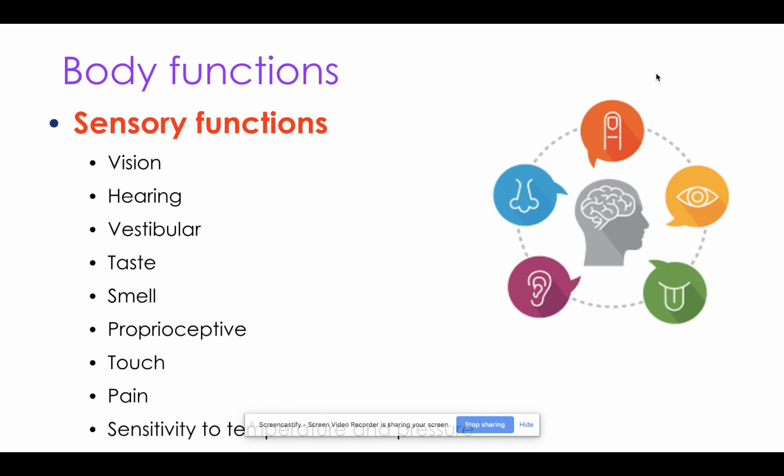And as you can imagine, some people might have a heightened sense, a hypersensitivity in one area, which is going to impact their ability to carry out and process information in another area. For example, I will share that I don't like my food touching. That covers the area of touch, and it also covers the area of taste.